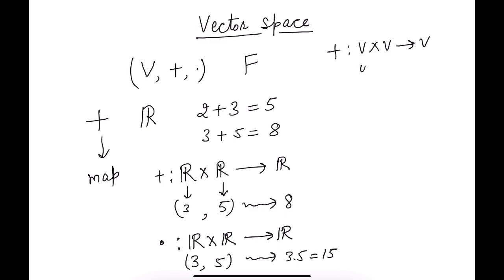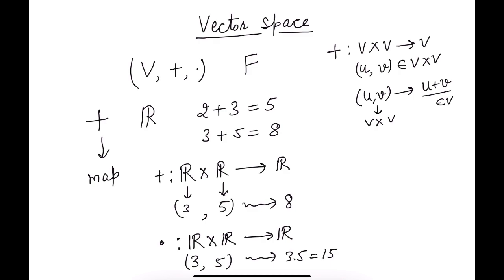That is, any two members, say u and v, belonging to V cross V, map to V. Say (u, v) maps to u plus v. This belongs to V, and this pair belongs to V cross V. So what is plus?